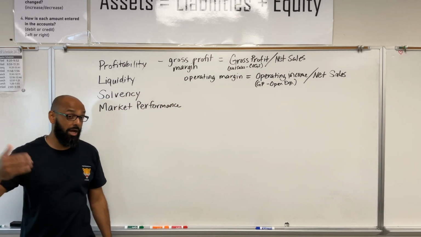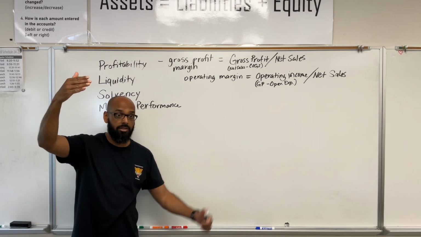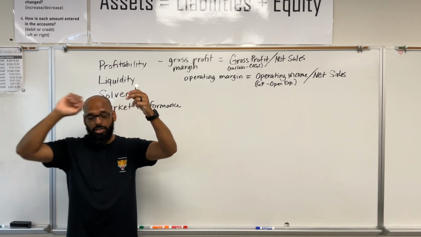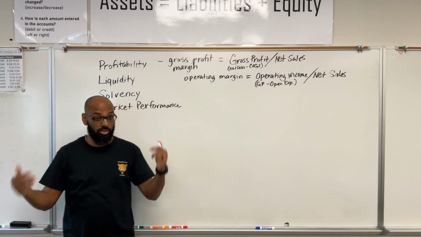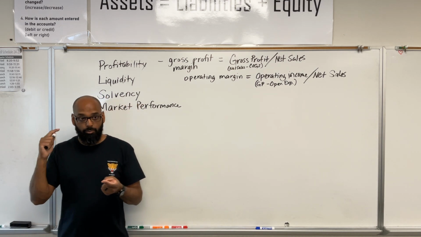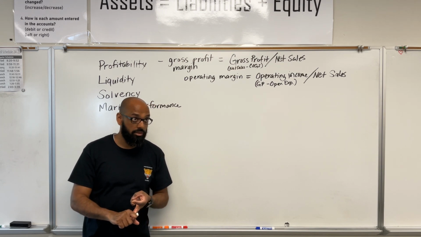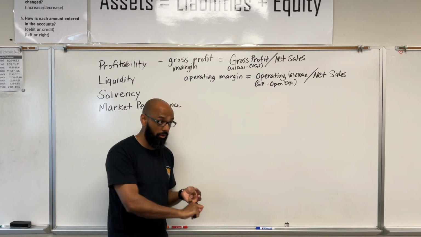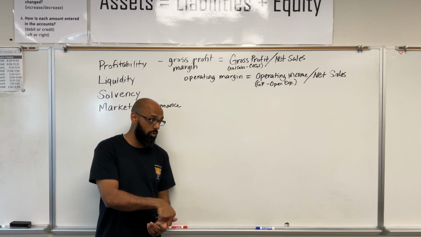So if you think about the income statement, right, it starts out with sales, and then you take away the contra accounts to sales, and you get your net sales, right? And then you take your net sales minus your cost of goods sold, and the cost of goods sold, that's a whole other section, right? You're looking at beginning inventory plus purchases, or net purchases equals your cost of goods available for sale minus your ending inventory equals your cost of goods sold, right?